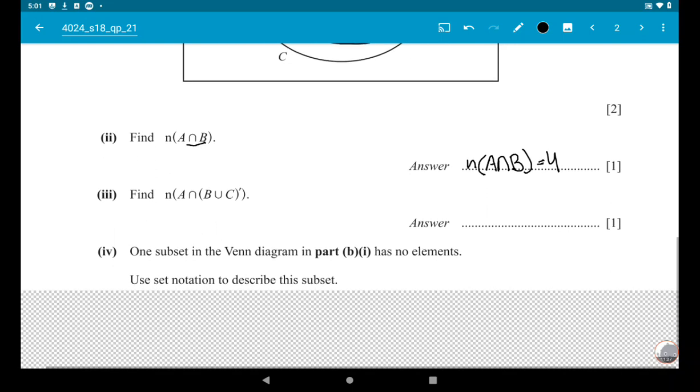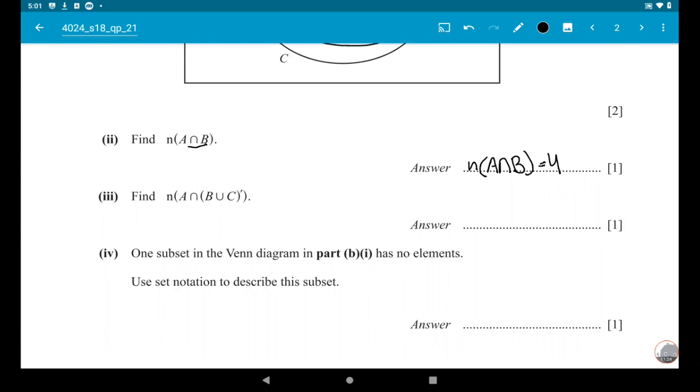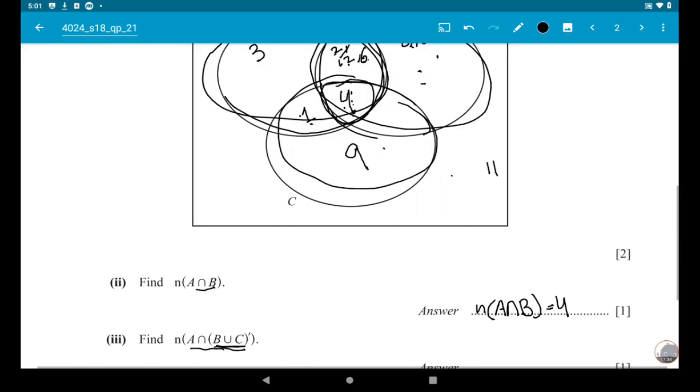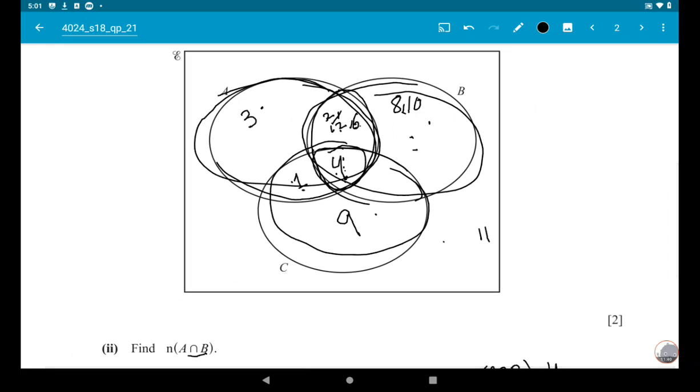Okay, so this one is, first of all we will solve the bracket B union C. This is the whole part.